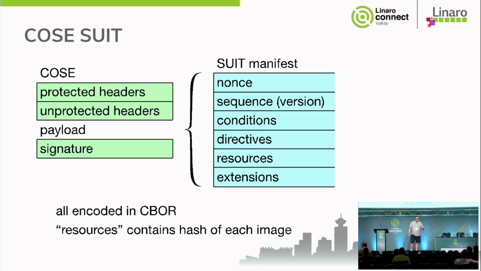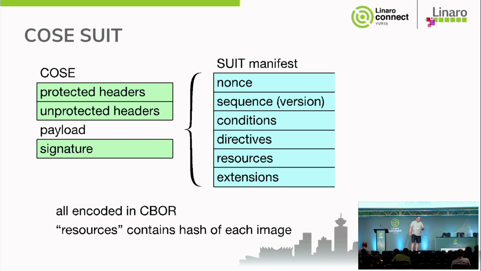It was intended to be very simple to process. So the Suit manifest has a bunch of these things in it. And by the way, this is a working draft, and everything is subject to change and likely will be completely different when the next draft comes out. So this is why we're not implementing any of this yet.